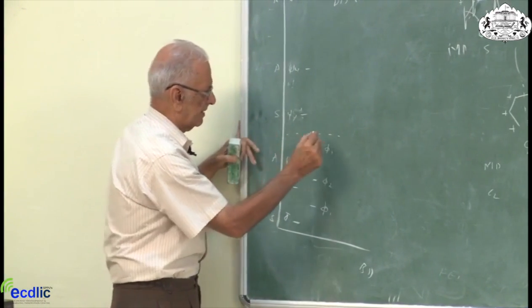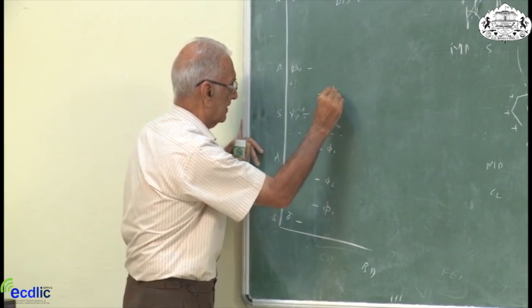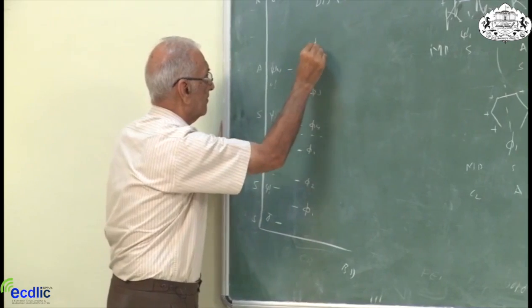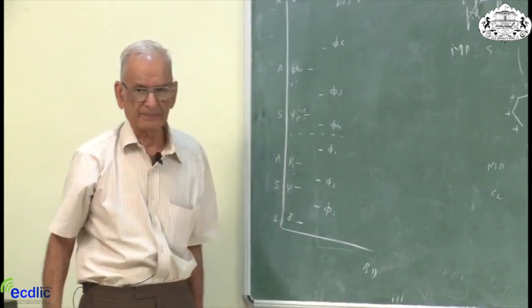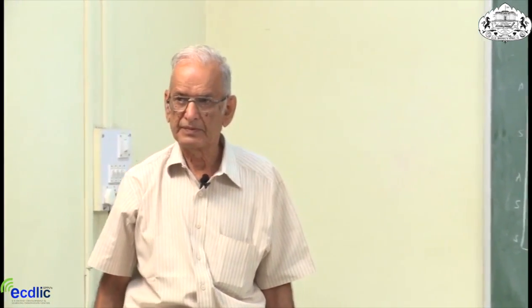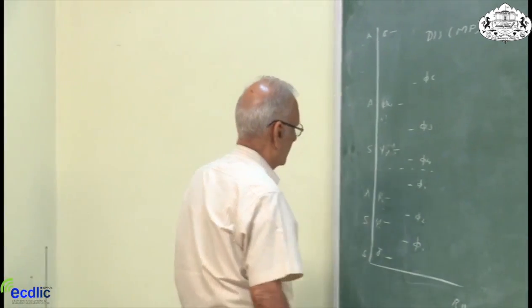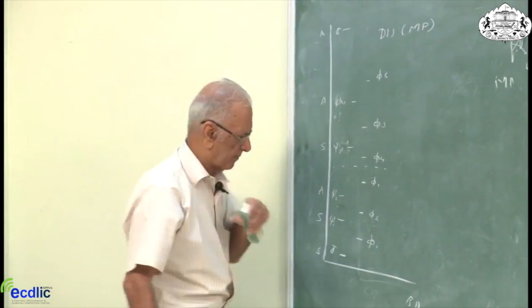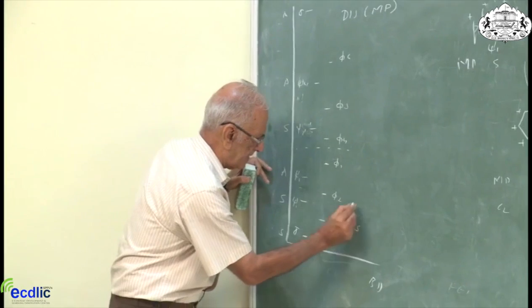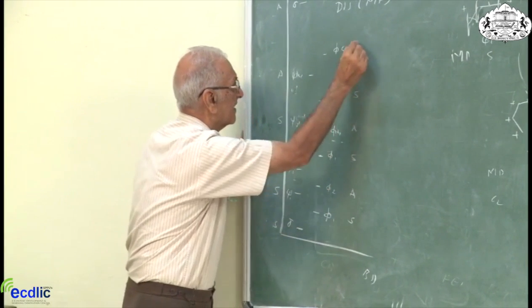Phi 4 is below, phi 5 is in between, phi 6 is here. So, S, A, S, A, S, A.